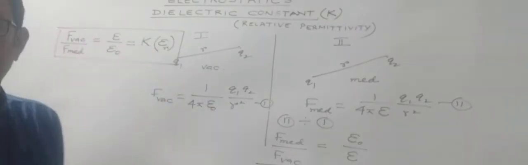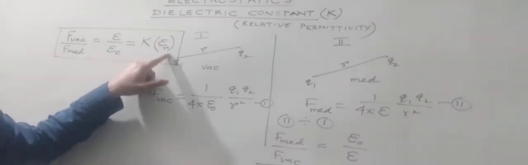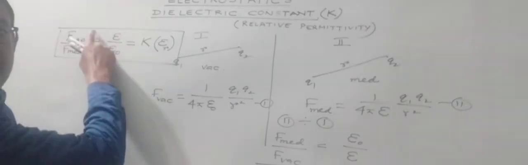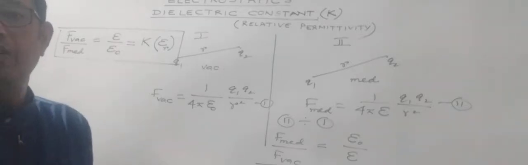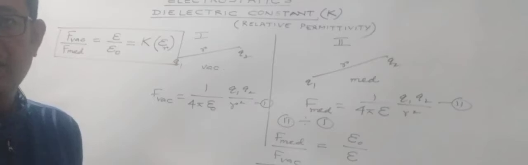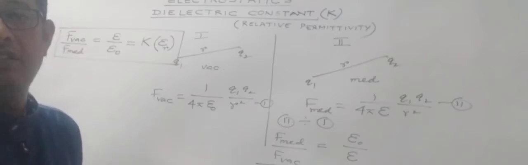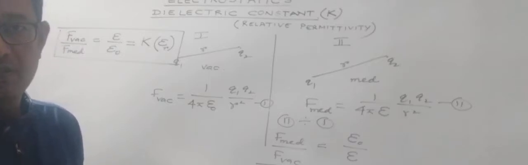One more important point to be noted. K or epsilon R, that is the relative permittivity or dielectric constant, is the ratio of 2 similar physical quantities. So it is a dimensionless quantity having no unit. The value of K is different for different media.